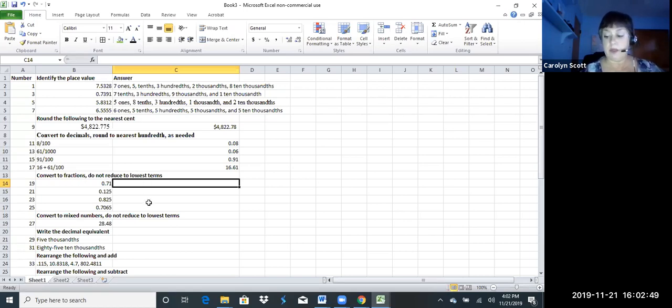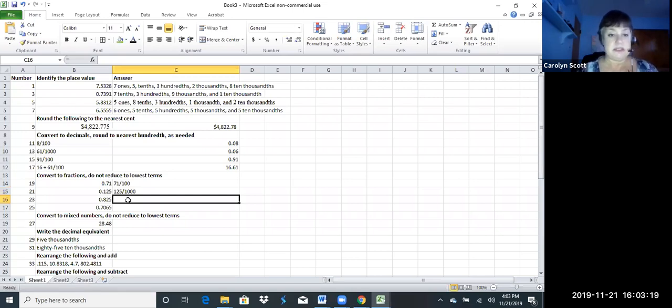So 0.71 is 71 hundredths, which looks like 71 over 100. We have 125 thousandths here, because again, 1,000 has 3 zeros, which looks like 125 over 1000. Same thing for 0.825.